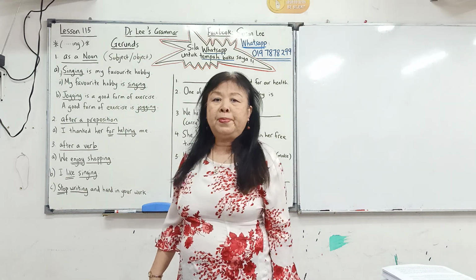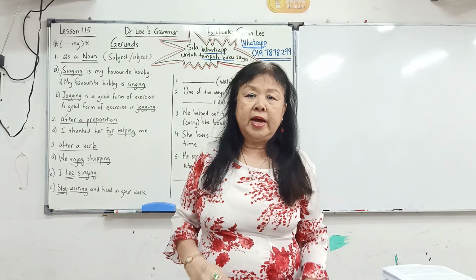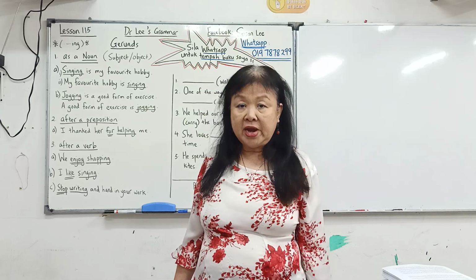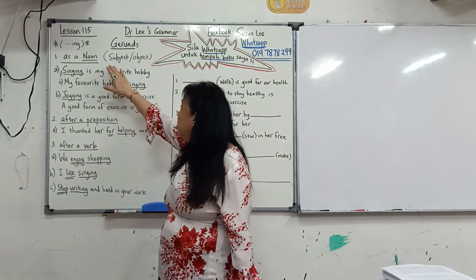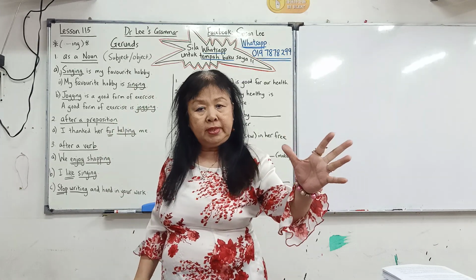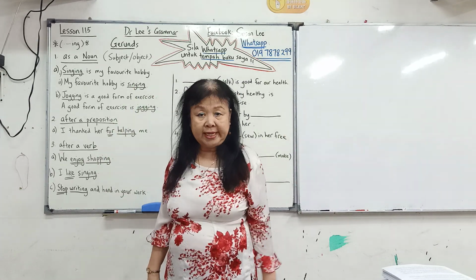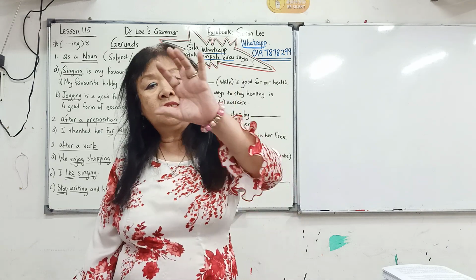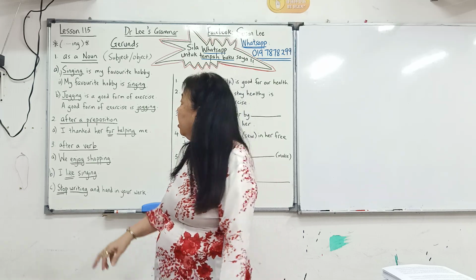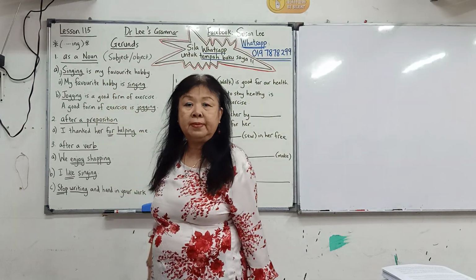It's a short topic, very short, because there are only 3 functions when we use gerunds. So firstly, we use gerund as a noun. It can be the subject, it can also be the object of a sentence. Subject means the beginning, object the end of a sentence. So you can see the example given here.